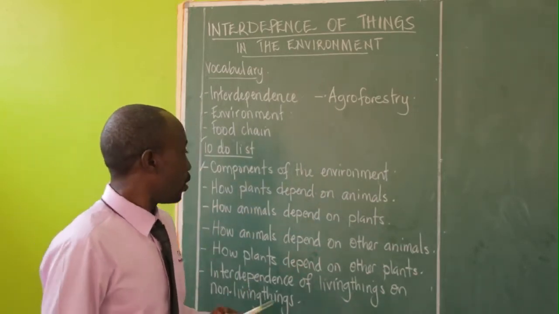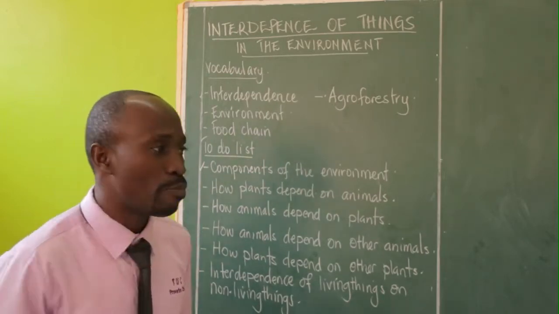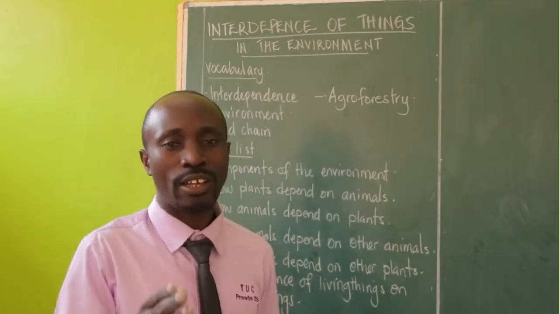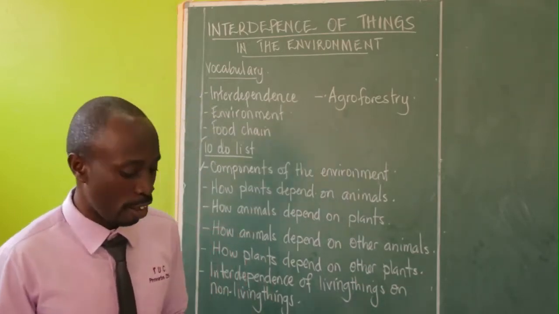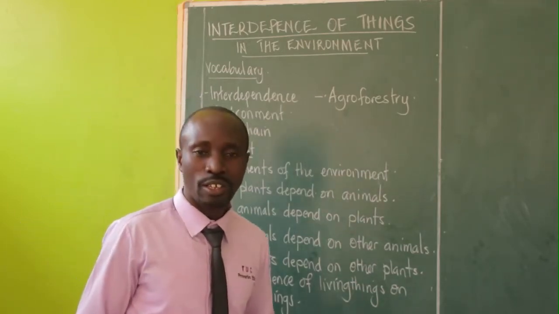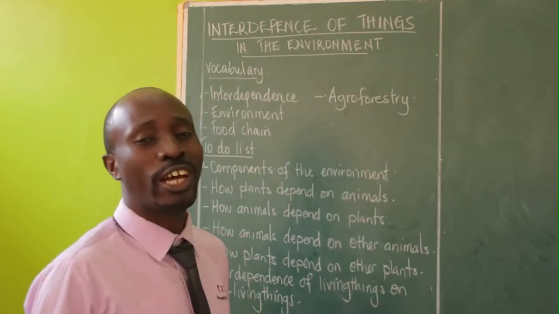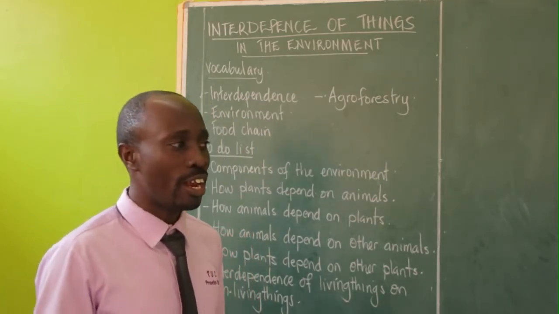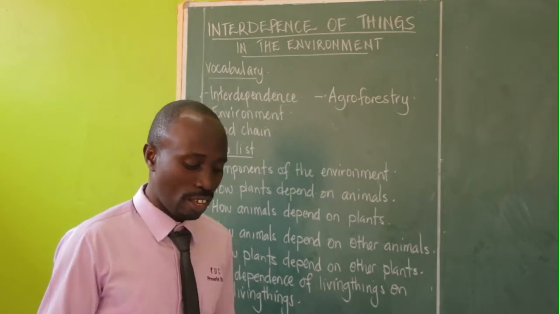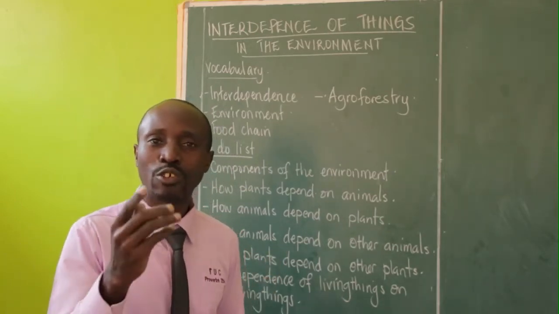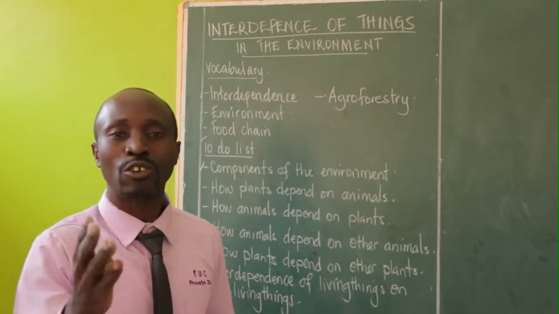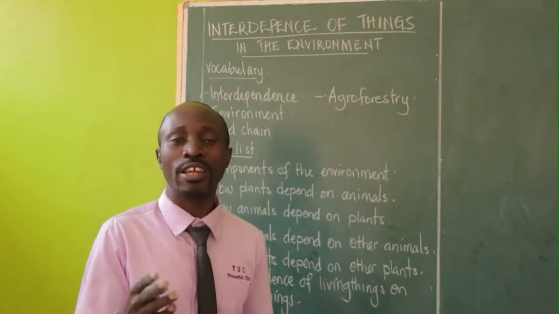You need to know what living things are. Way back in P1, you said that these are the things that have life. Things that have life are what we call living things. Then things which don't have life are what we call non-living things. Now, when it comes to things that have life, they include people like you, they include plants, because they have life.